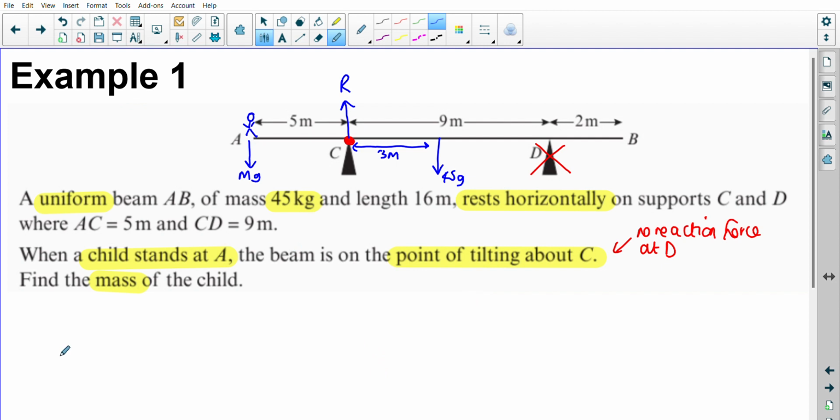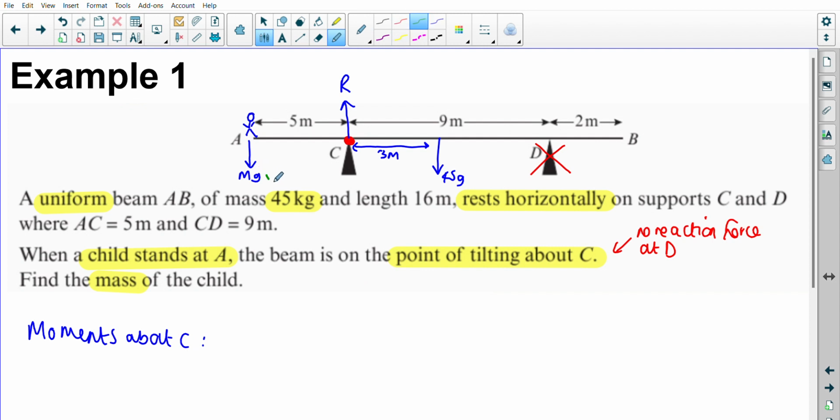If I go straight onto moments, if I'm taking moments about C, then the reaction at C can be ignored, and then I can hopefully work out the maths. So I'm going to look at moments about C. The first moment is the moment created by the child.